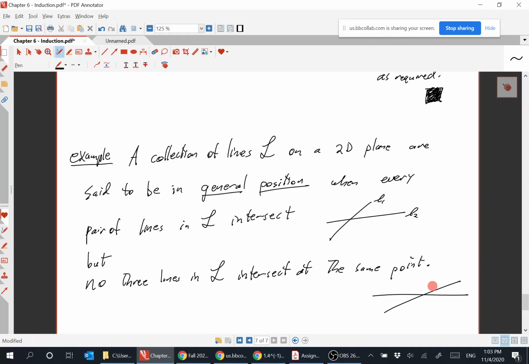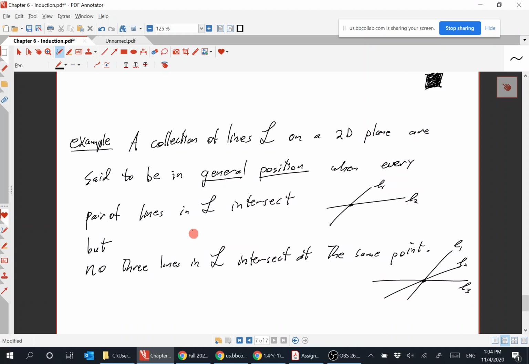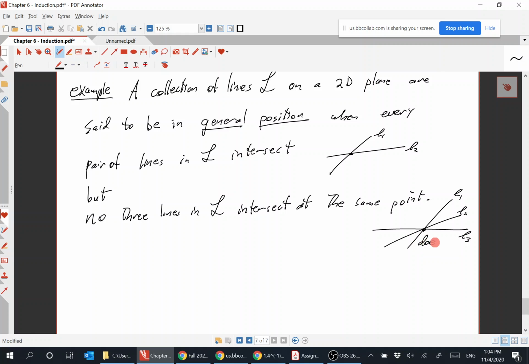So nothing like this happens. Every pair of lines intersect, but no three lines intersect at the same point. It doesn't happen.